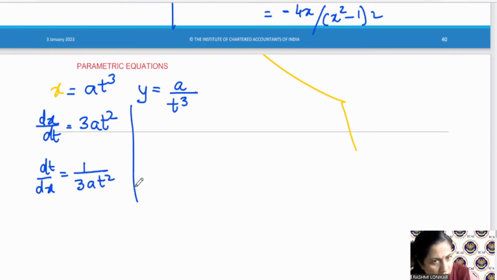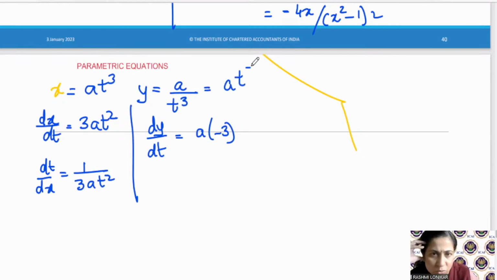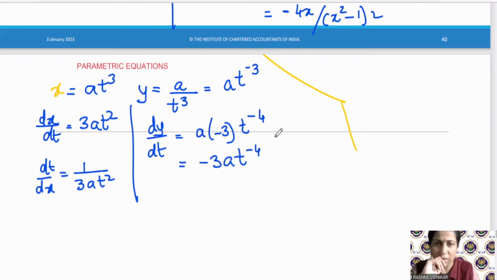Now let us see y. dy by dt is a into minus 3, because this is a t raised to minus 3, into t raised to minus 3 minus 1, so that becomes minus 4. So dy by dt is equal to minus 3a t raised to minus 4.